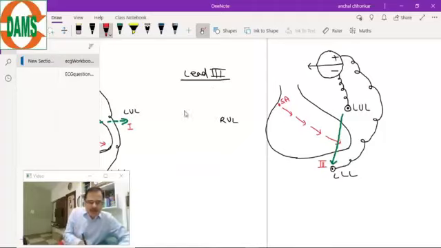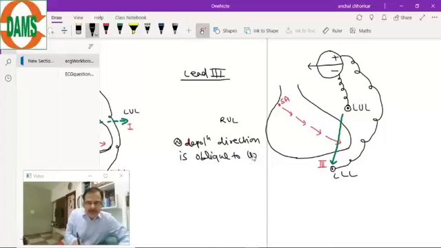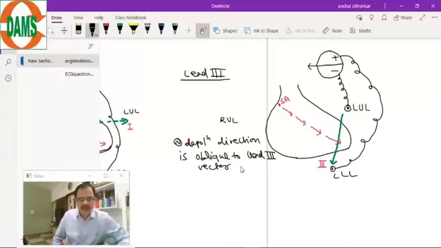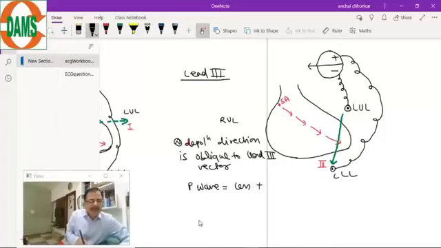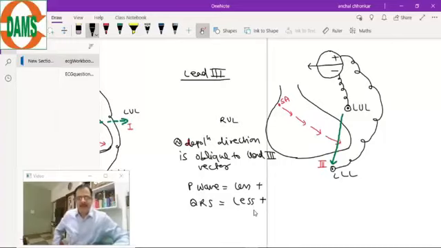Remember, the normal depolarization direction is oblique to the lead 3 vector, and hence in lead 3 the P wave and QRS are less positive.